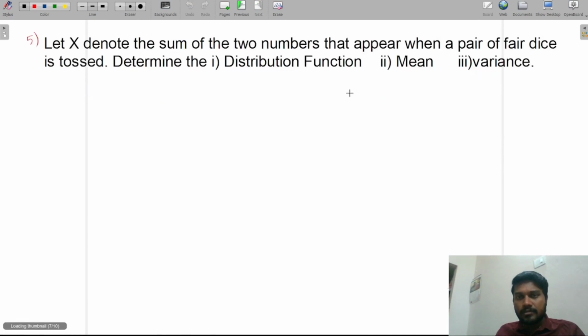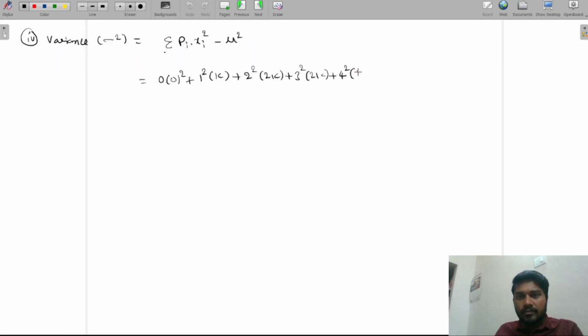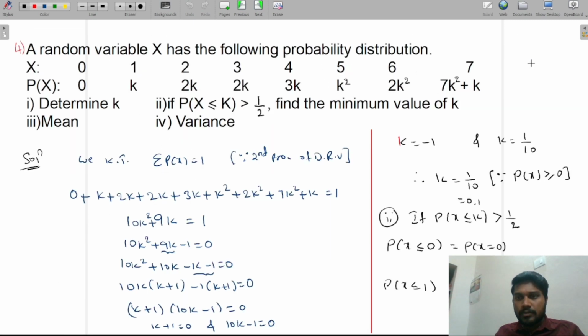So 3k plus 5 square into k square plus 6 square into 2k square plus 7 square into 7k square plus k.